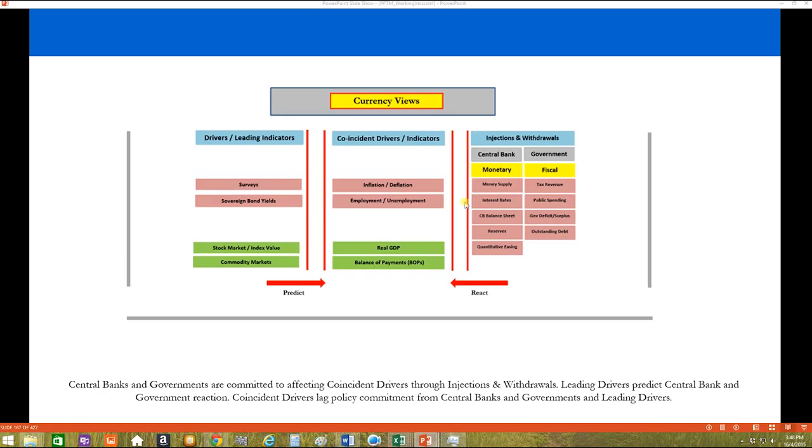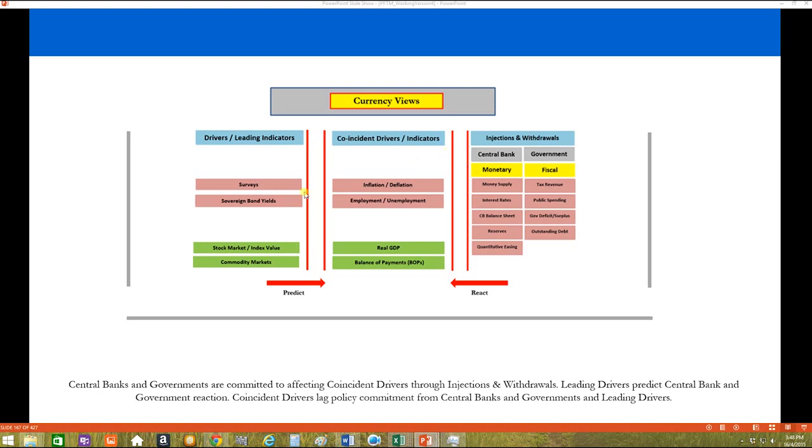And we have injections and withdrawals made by central banks and governments using, respectively, monetary and fiscal levers. And the way this works is pretty straightforward, and maybe a quick example might actually help you to fully understand how this actually works.